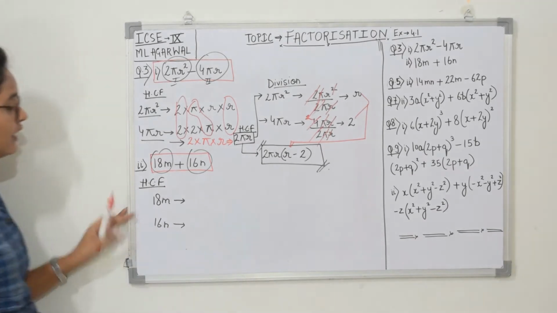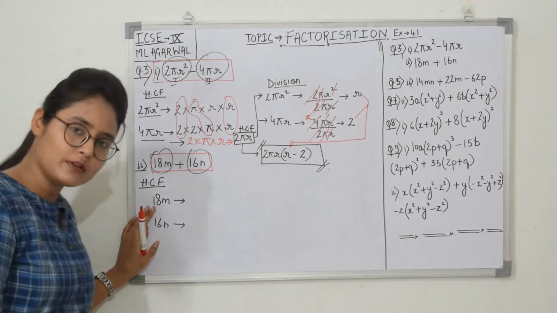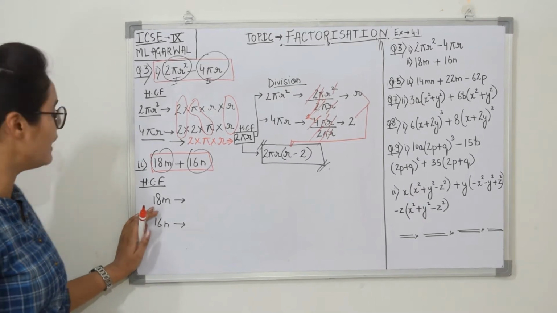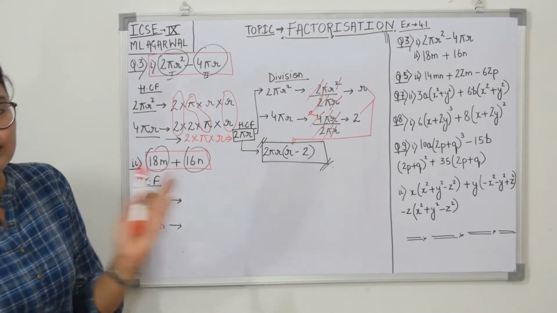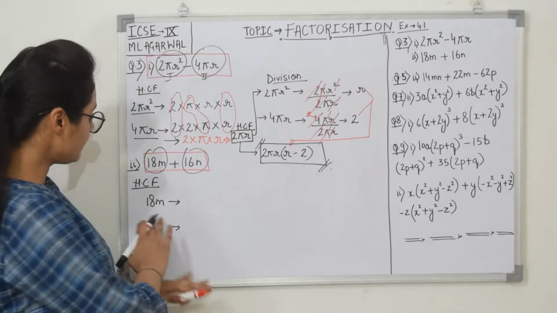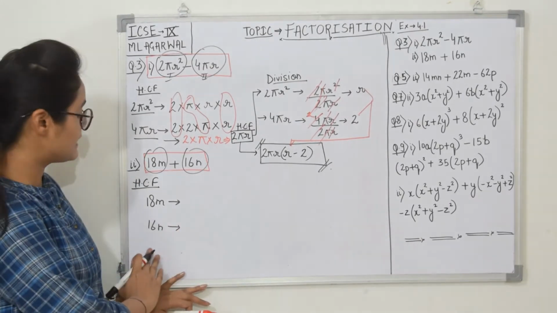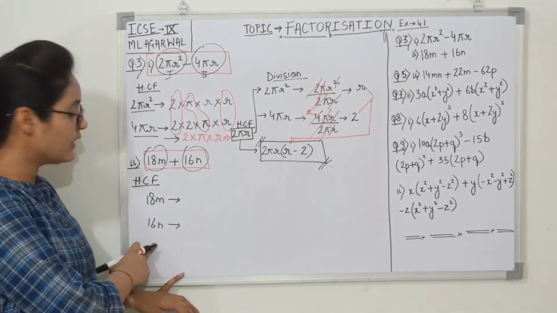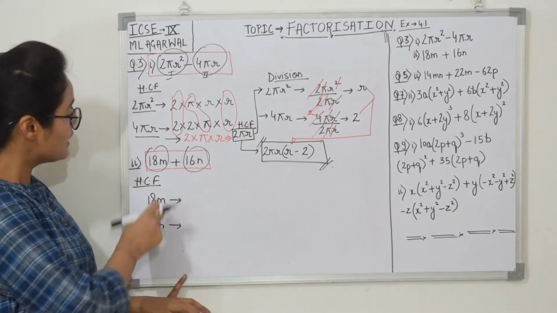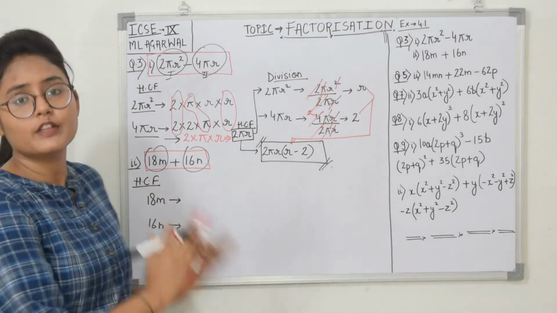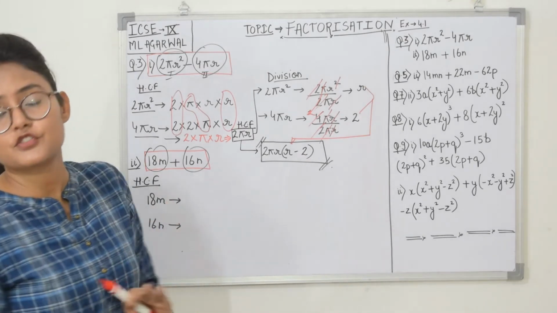If you are not having anything common in your variable part, just leave it as it is. So do one thing. 18m is there, 16n is there. At least you can factorize the numerical part. So just factorize the numerical part and leave your variable part as it is. It has nothing to do with your answer or the representation of your answer.